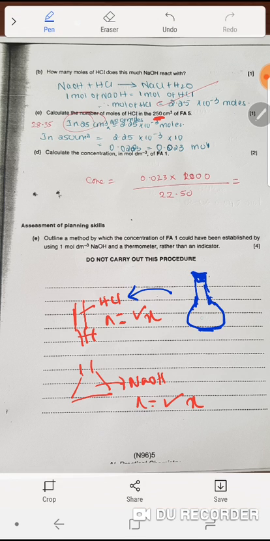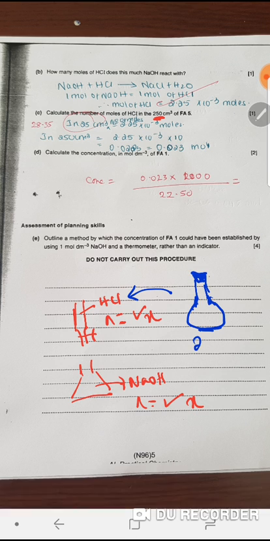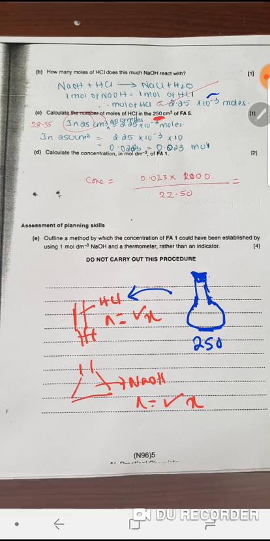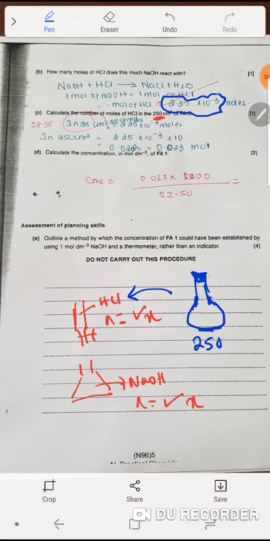It came from the volumetric flask. Of course, this is going to have 250. So most of you took this value and multiplied by 10. Why? Because you know that the difference between a volumetric flask and a pipette is 25 and 250, so there is a factor of 10.